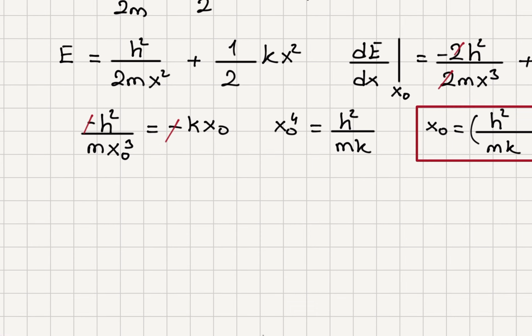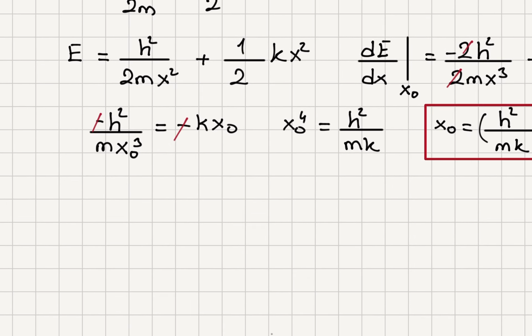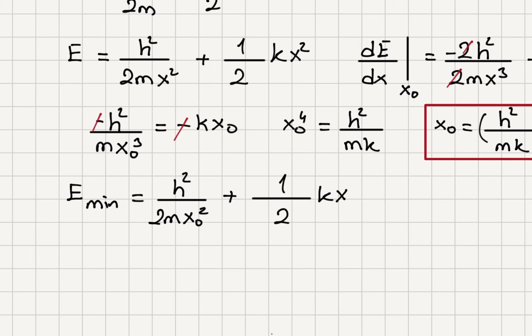Now for part A, we were also asked to find the minimum energy. The minimum energy is h²/2mx0², so we're substituting for x0, plus 1/2 kx0².